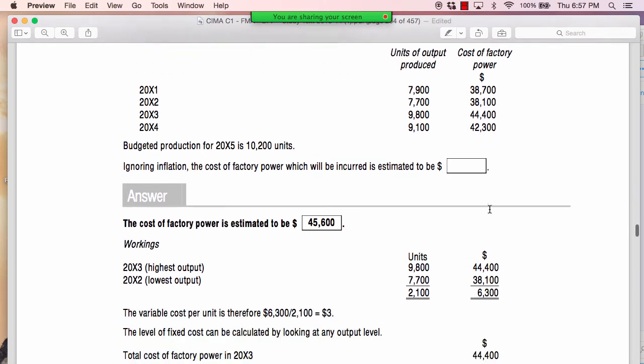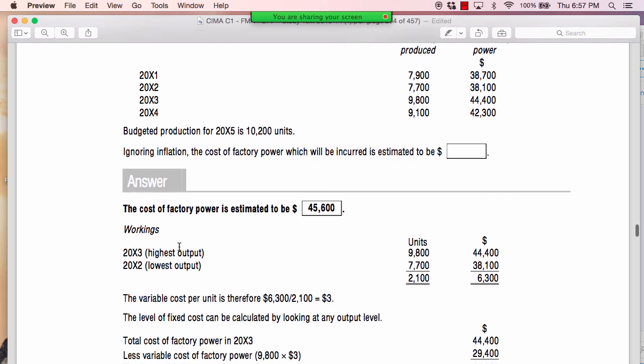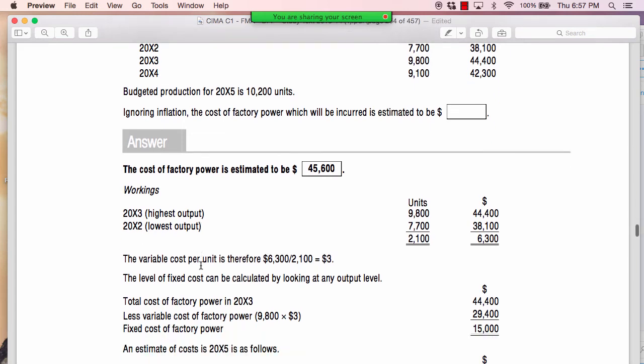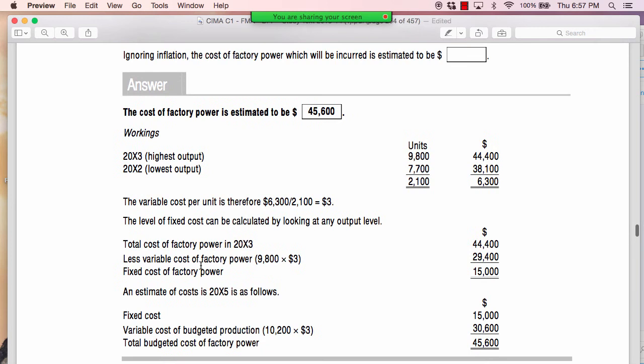What you're doing is simply, you will take the highest and the lowest output, take the cost, divide it by 2, okay, and then you will get the cost per unit, right? Then you will simply multiply it by this figure, 10,200.